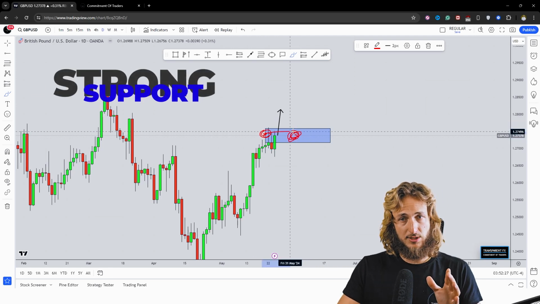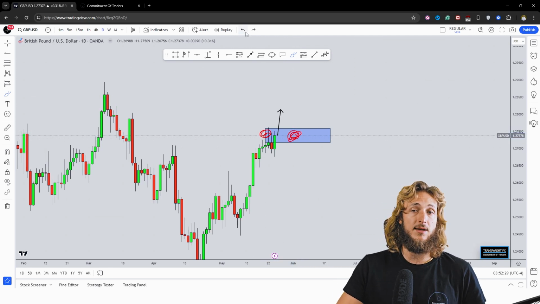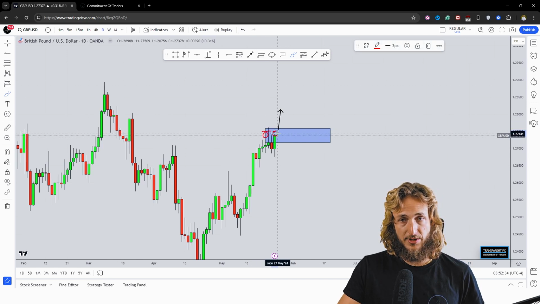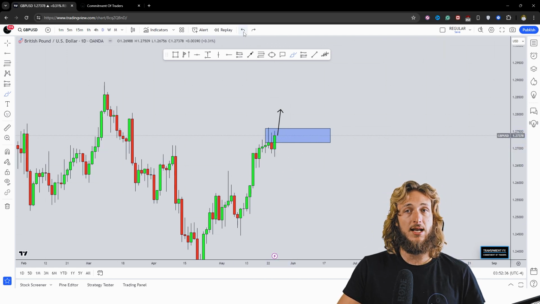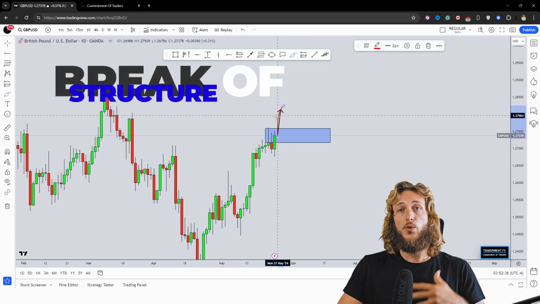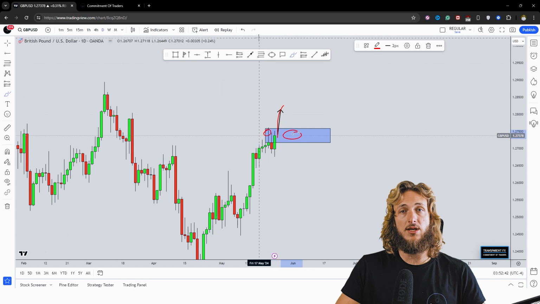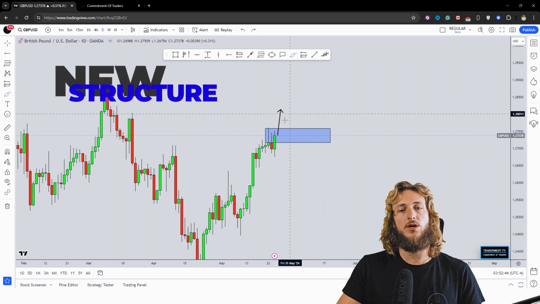So this is the important level that we have to pay good attention to because, as I said, until the market remains below the level, it can easily reject to the downside. However, a break above would make this previous resistance become support, therefore creating new structure and continuing with the bullish trend.